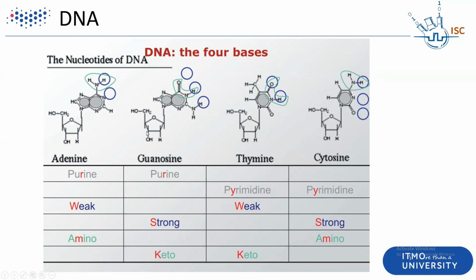These are two bases. When you have the exchange of the thymine molecule to the uracil molecule, then you'll have an RNA molecule. You convert the DNA to the RNA molecule.